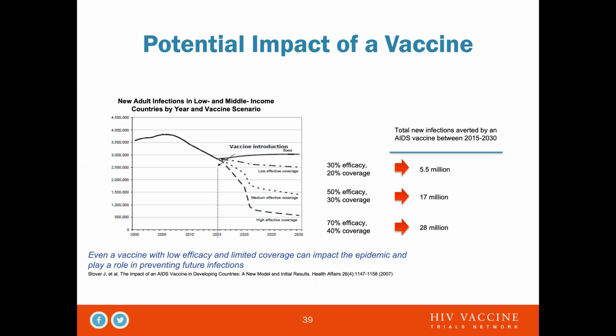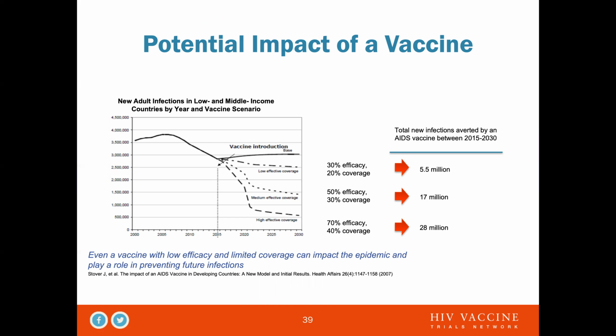If a vaccine was 50% efficacious and we got it in about 30% of the population, then we could estimate preventing about 17 million new cases of HIV in that same time period.